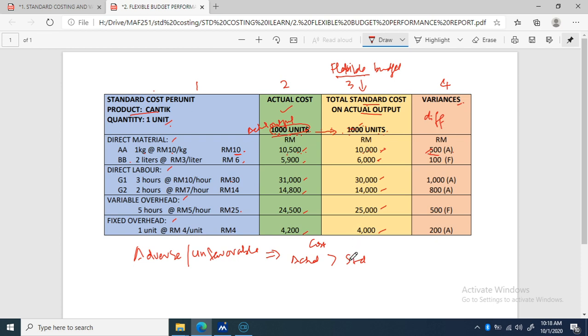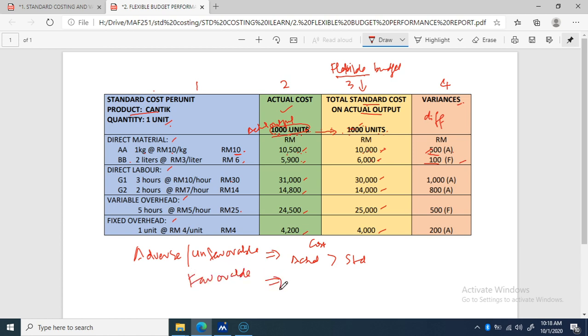It's not good for the company because you overspend. Now we move to double B. For double B, the actual cost is 5,900 and the standard cost is 6,000. So this is different by 100. It's F, and F means favorable.